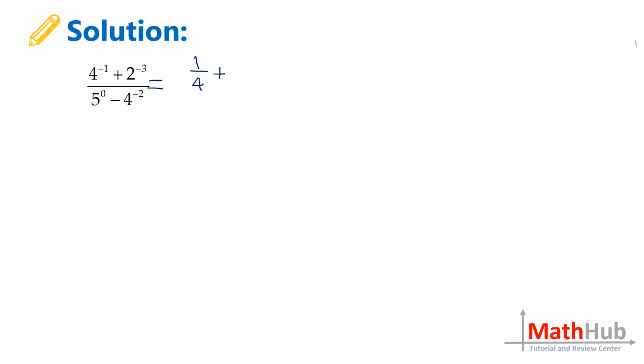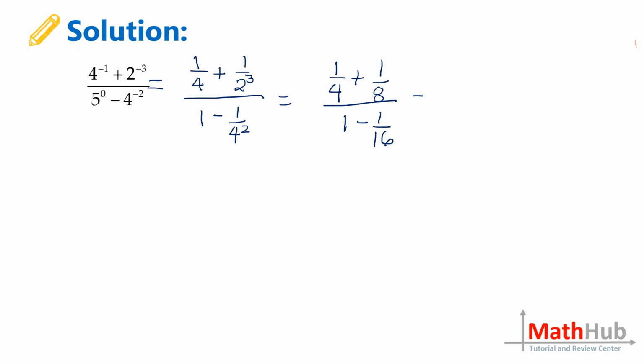2 to the negative 3 is 1 over 2 cubed, all over 5 raised to 0 is 1 minus 4 to the negative 2 is 1 over 4 squared. Okay. Equals, so this is 1 fourth, 2 cubed is 8, all over 1 minus 1 over 16. So I'm assuming that you're already very good with your operations with fractions.